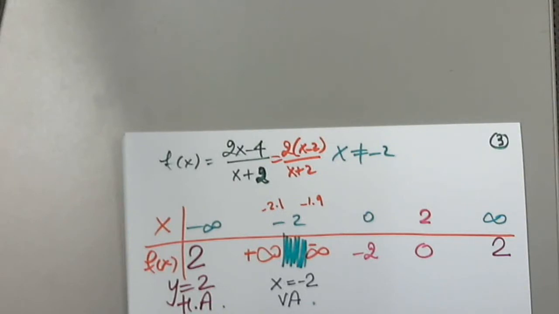Here, it's starting at negative infinity, crossing the y-axis at 0, -2, crossing the x-axis at 2, 0, and approaching 2 eventually. One more time, the left-hand side of the vertical asymptote. From negative infinity, crossing the y-axis at 0, -2, crossing the x-axis at 2, 0, and increasing towards 2.